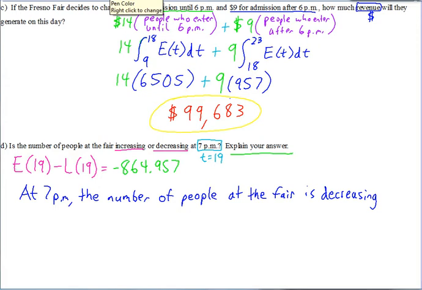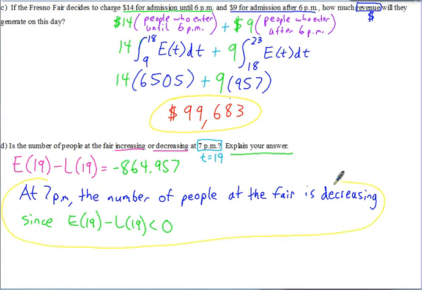And then the justification or explanation here would be since E of 19 minus L of 19 is less than 0. Alright, so if we got a positive answer, we would know the derivative is positive, so the number of people in the fair would be increasing.